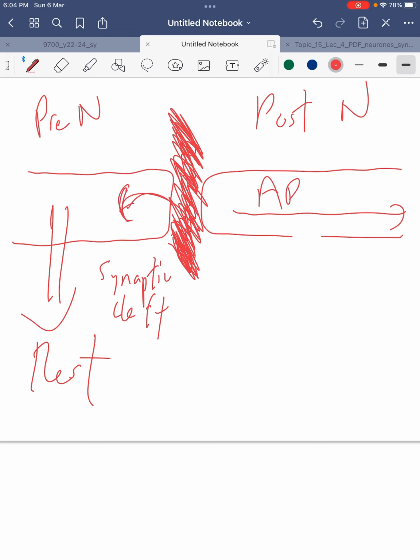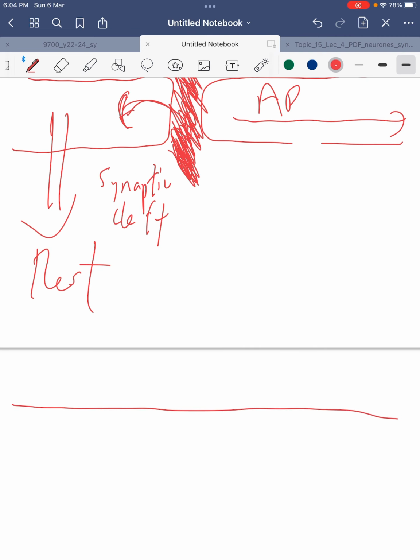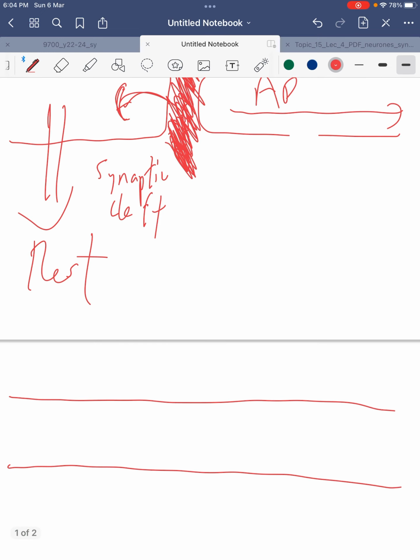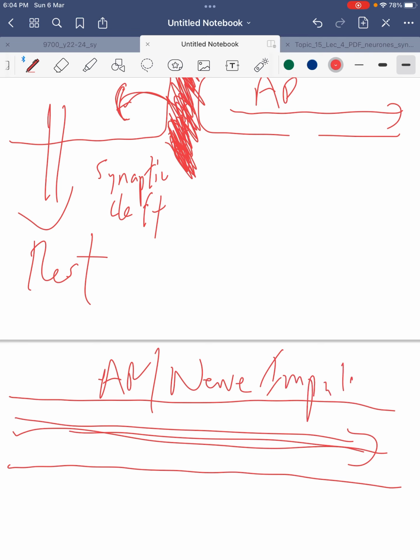So imagine if it is a very long neuron where there is no synapse, then there will be overstimulation of action potential or nerve impulse, and this can cause fatigue. Because when you have continuous firing of action potential, it will consume a lot of energy.